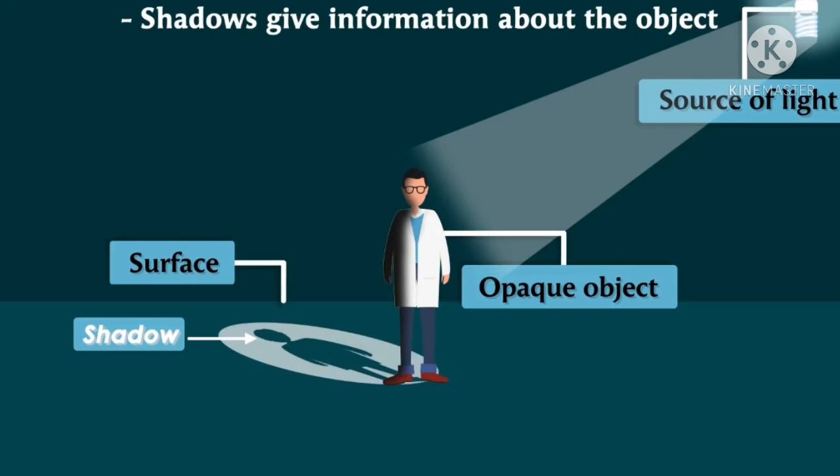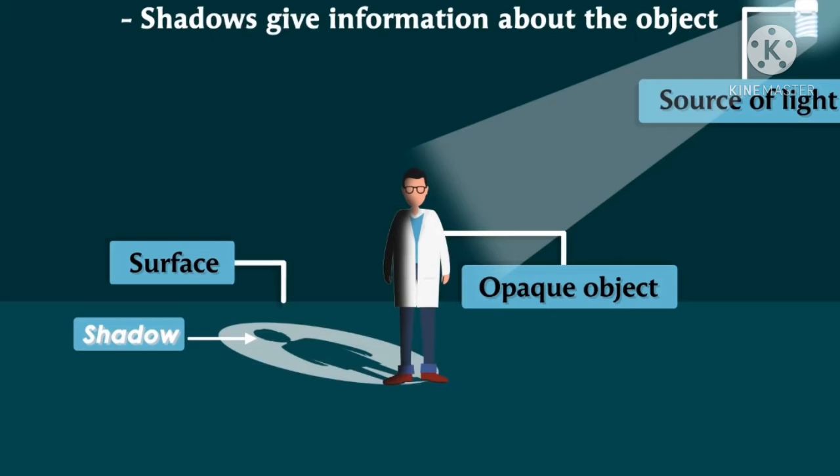An electric bulb and candle form shadows because they are comparatively small sources of light. A fluorescent tube light does not form sharp shadows because it is quite a large source of light.